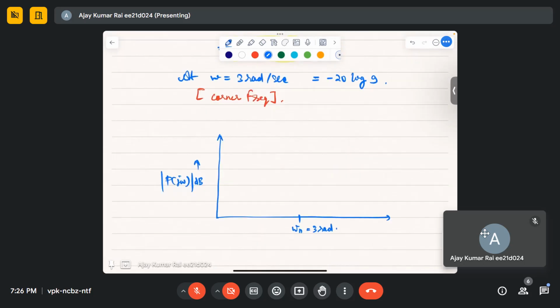Minus 19.01 or 19.08. So it is like this. This is the approximate drawing I'm drawing. The slope will be minus 40 dB per decade, that we have seen also.